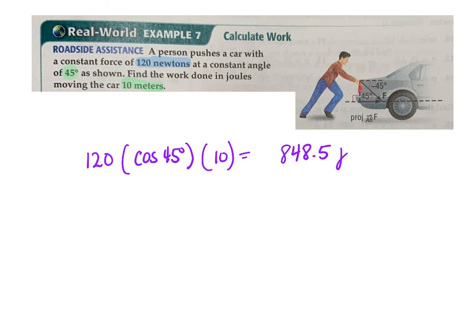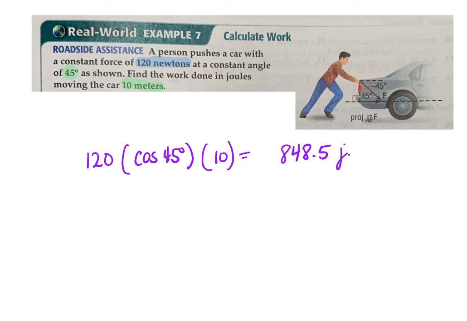joules. All right. So you can use the dot product of those, which is what they show you. I feel like the dot product is more difficult. All right. The dot product works the same. The force is going to be 120 times your cosine, 120 times your sine, times your 10, 0, because you're moving it right.